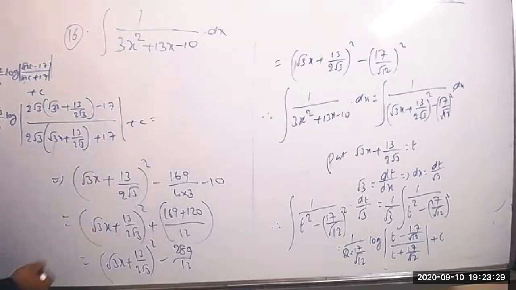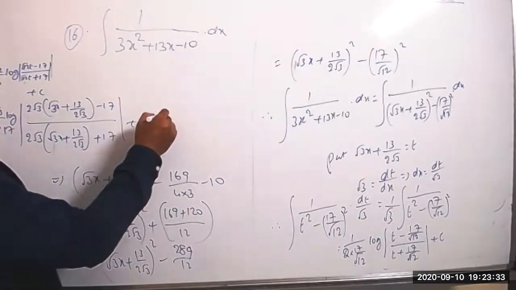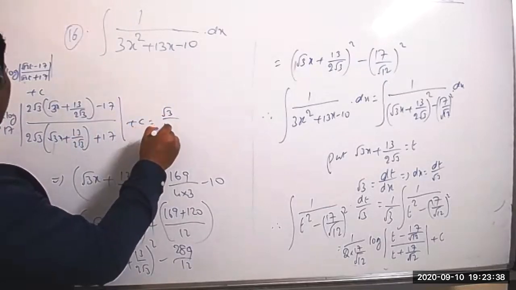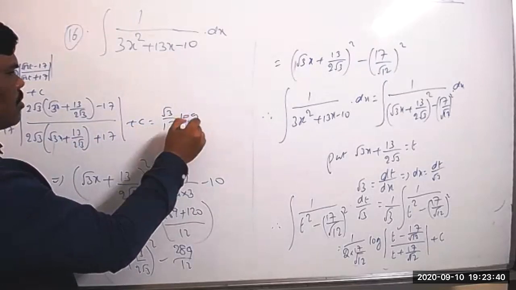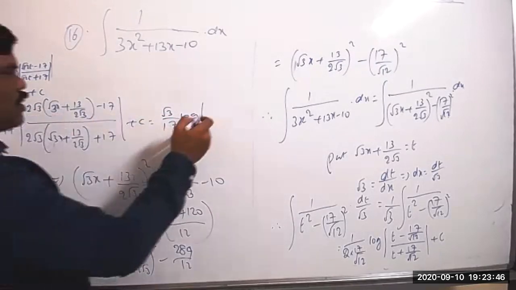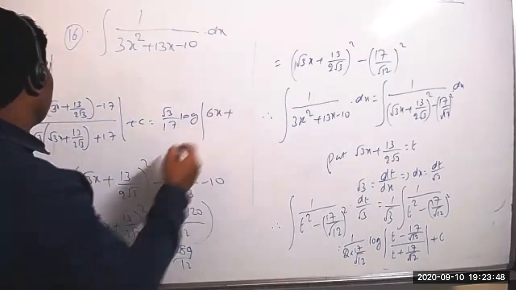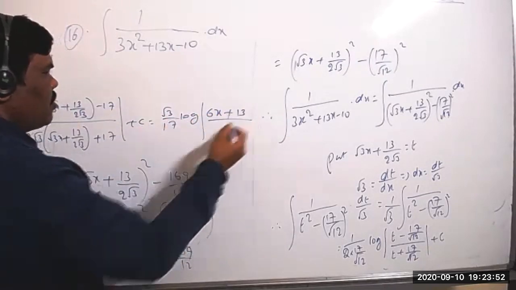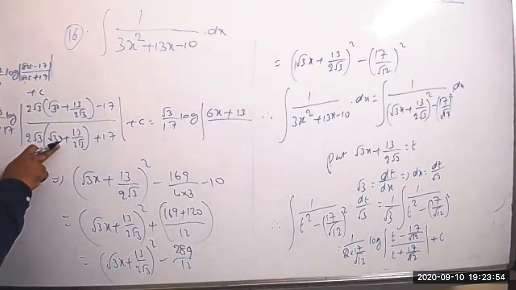Now you can simplify this one. 2 in this number, 17 times. So this is root 3 by 17 into log modulus of. You're multiplying these two values: root 3 into root 3 equal to 3 only, and 2 3s are 6. This is 6x plus... Anyhow, these two will be cancelled. Plus 13, whole by, here also 6x.